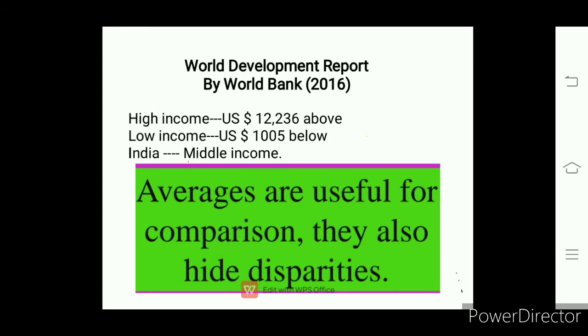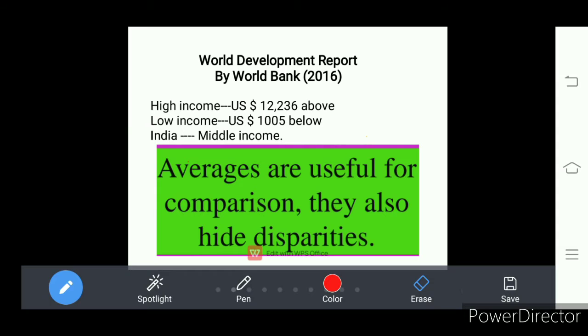So which are the high income group countries as per the World Development Report? Those nations which have $12,236 and above, in which nations the per capita income is more than $12,236, those nations are high income group countries.